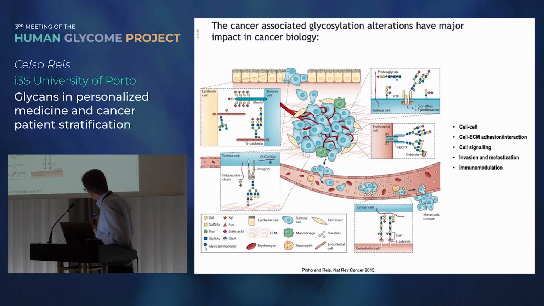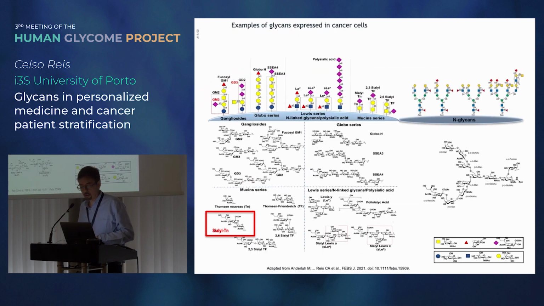And as I hope I can show you a little bit later, there are some alterations of receptor tyrosine kinases that are critical for the oncogenic signaling going on in the cell. And also, of course, the metastasization process, in which glycans also play a critical role.